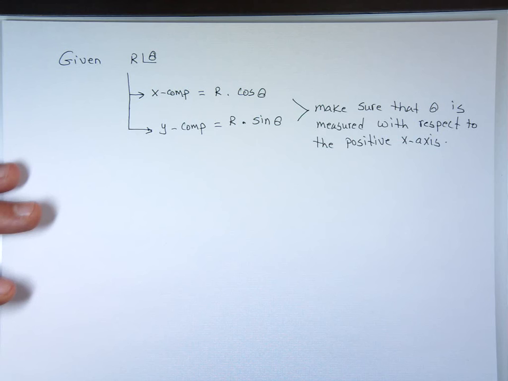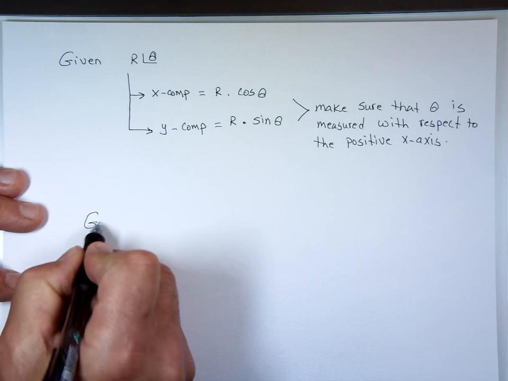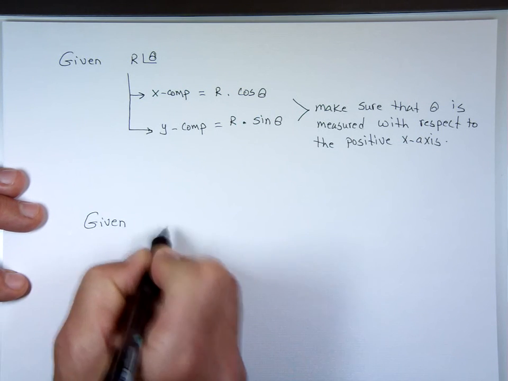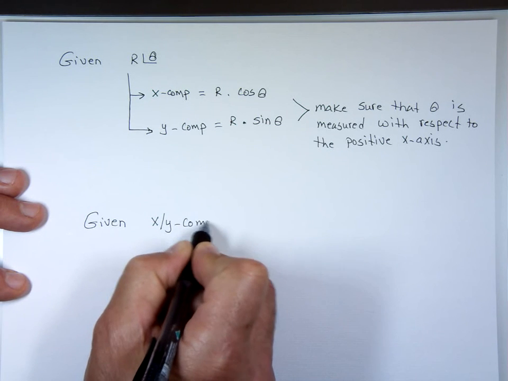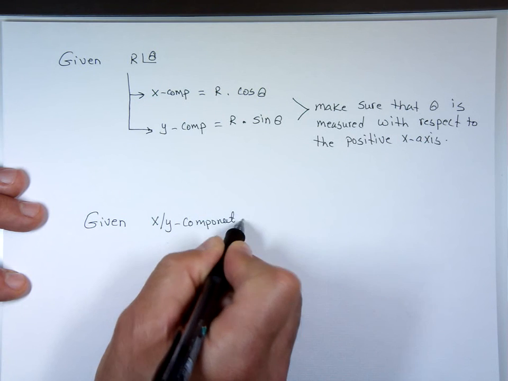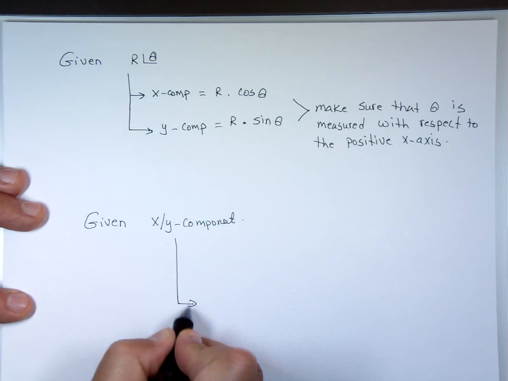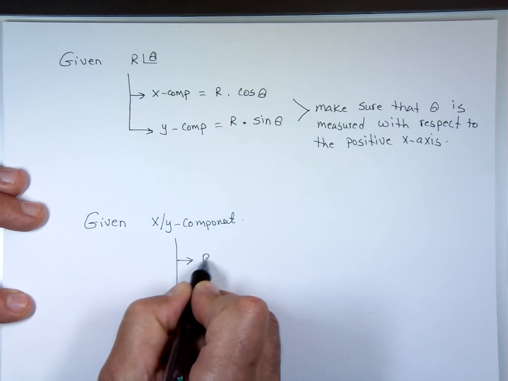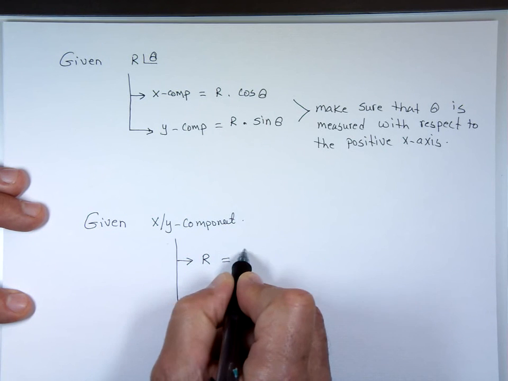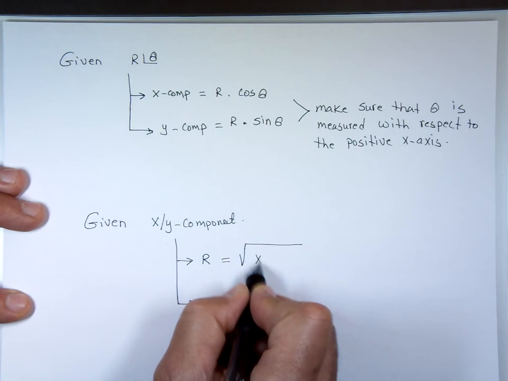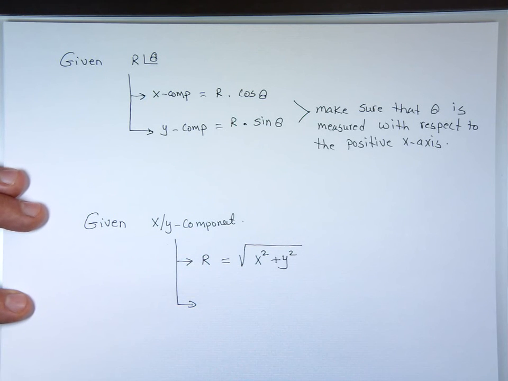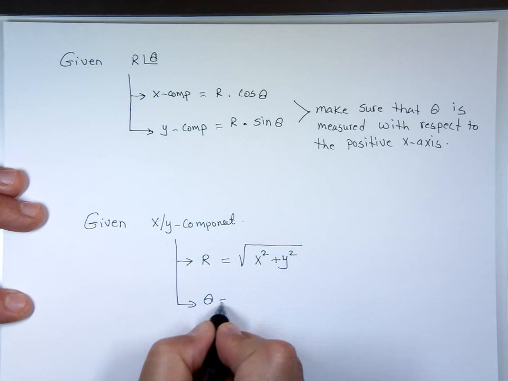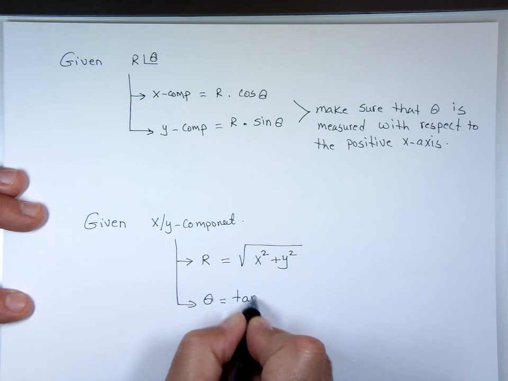If you are given the x and y components to find r, it's always going to be the square root of the x component squared plus the y component squared. And theta is going to be the inverse tangent of y over x.